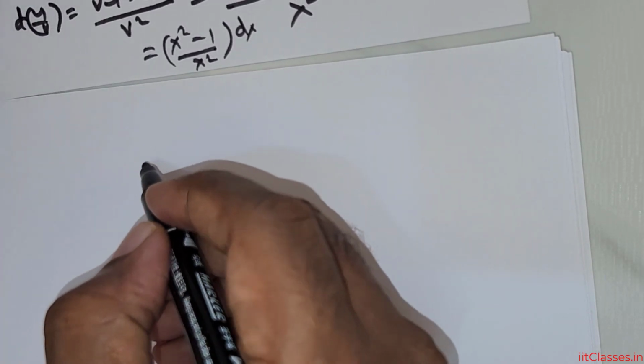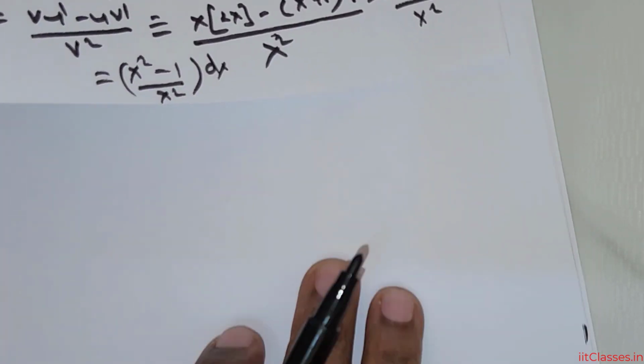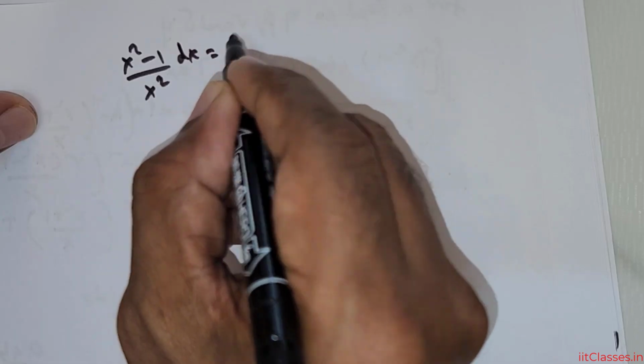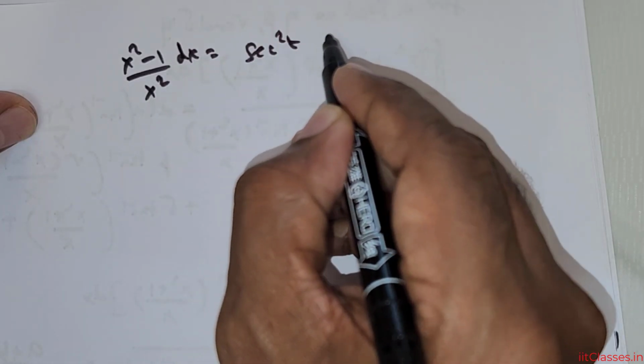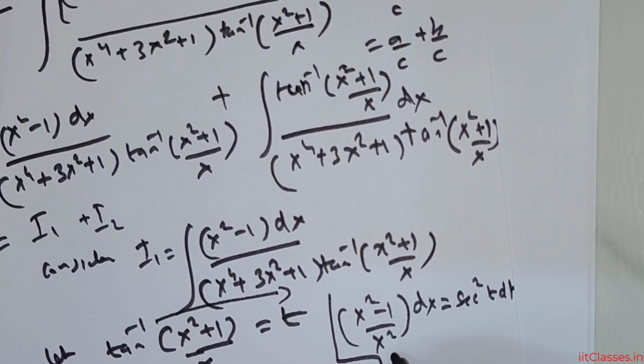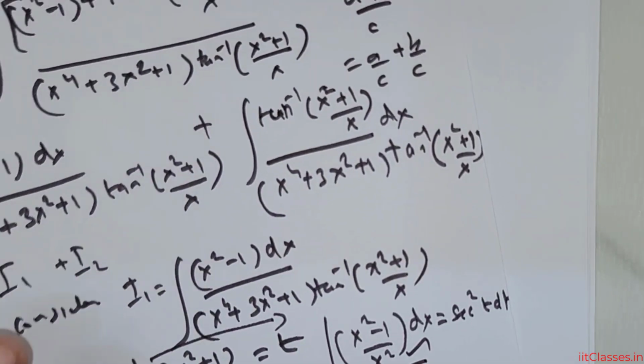I have (x squared minus 1) divided by x squared times dx is equal to secant squared t times dt. Right? That is what I have got. Let me check it again. Okay, it's correct.